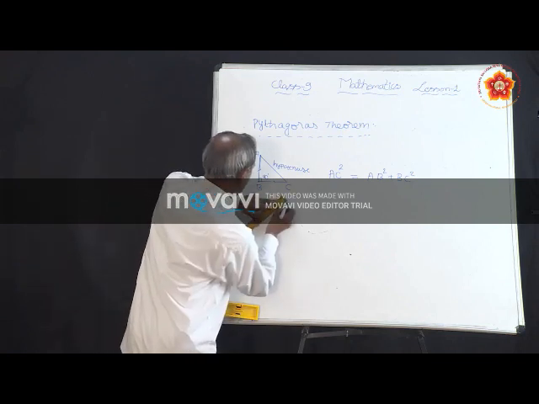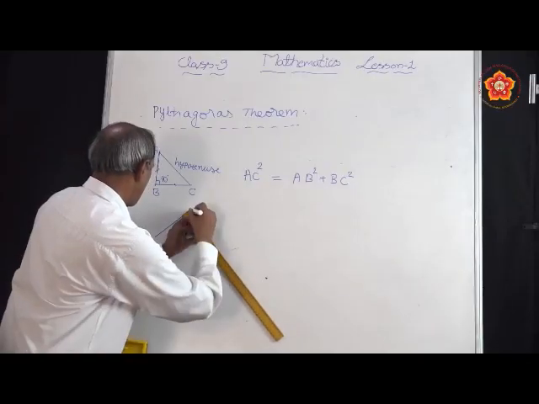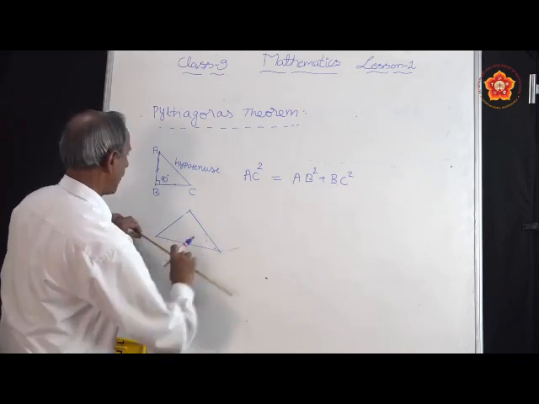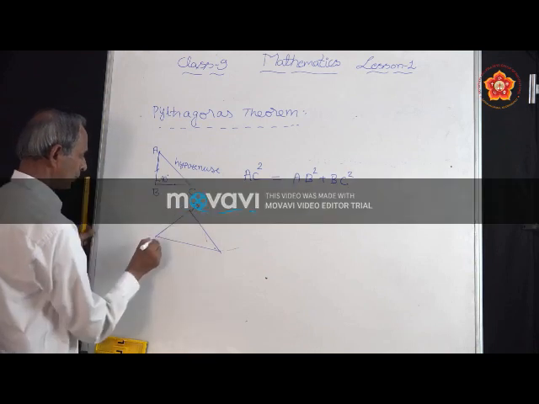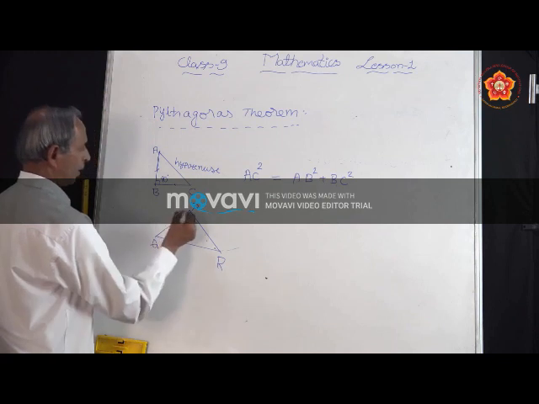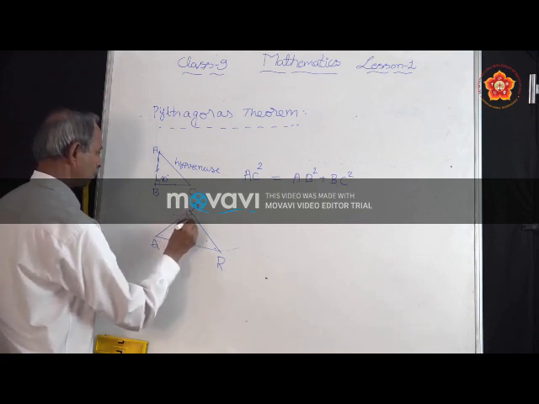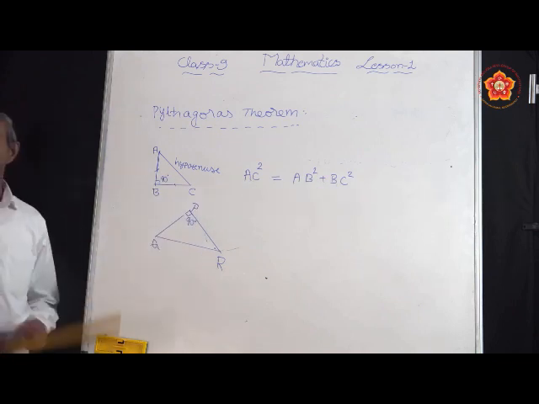Now I will draw another triangle to clarify. I will name this triangle PQR. Here angle P is 90 degrees. Now apply the Pythagoras theorem for this triangle.